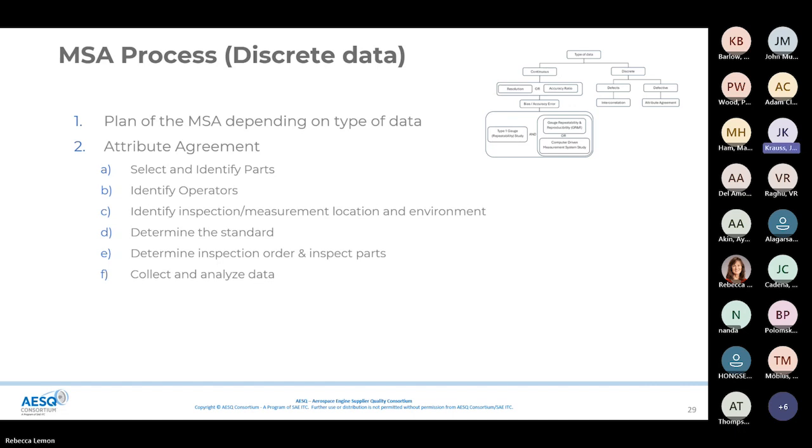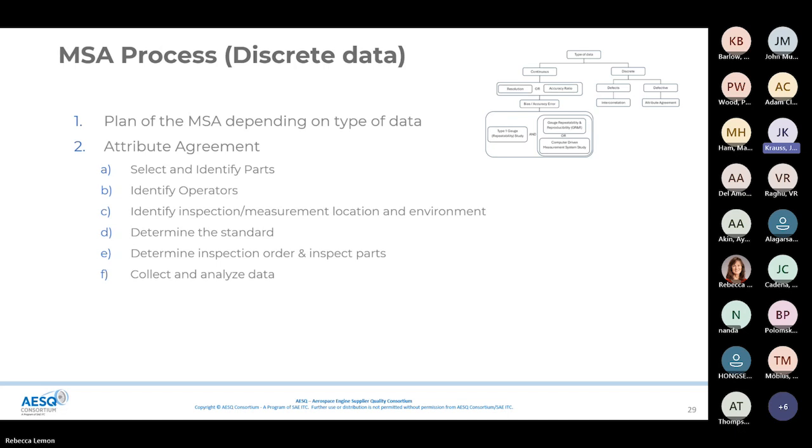With an attribute agreement, which is the right side of the upper figure, the flow chart, you'll again select and identify parts, identify your operators, identify your inspection and measurement location and environment, and then determine the standard. This is what differs from the continuous data. What are the operators comparing for a pass/fail?